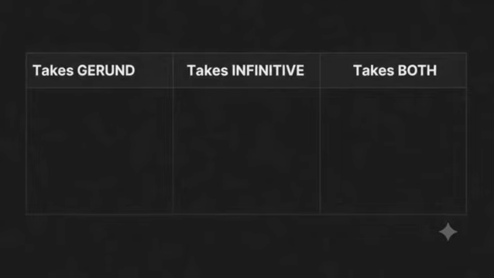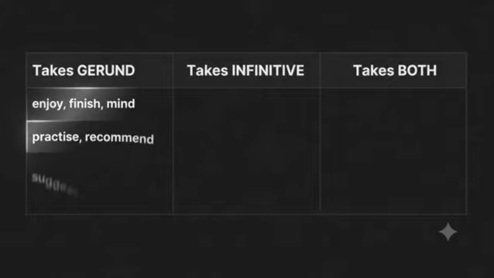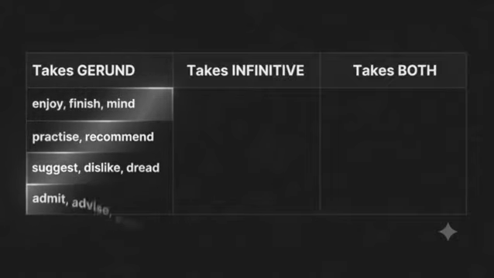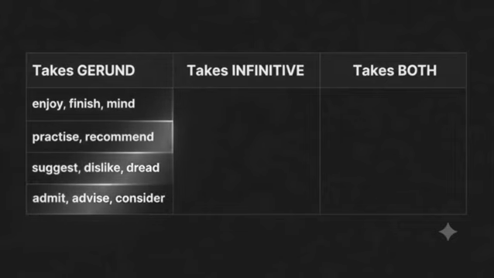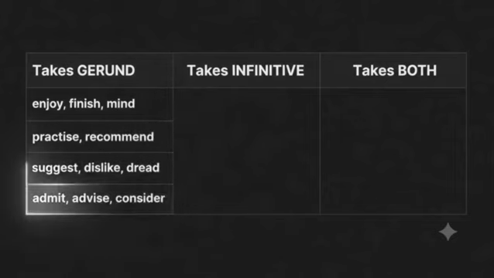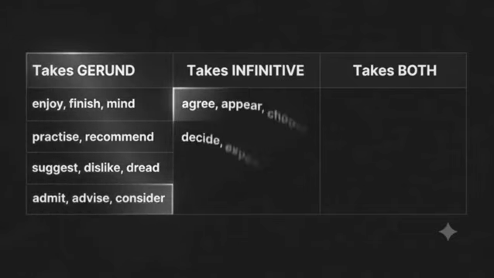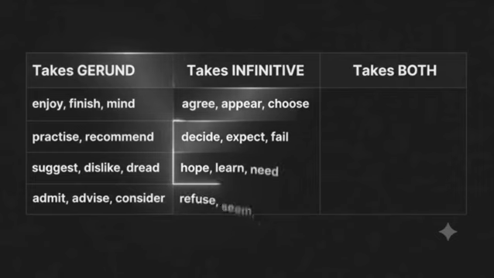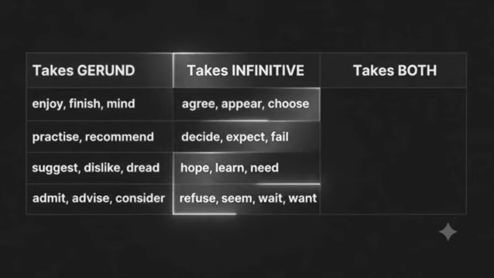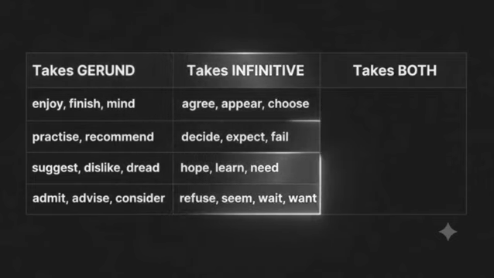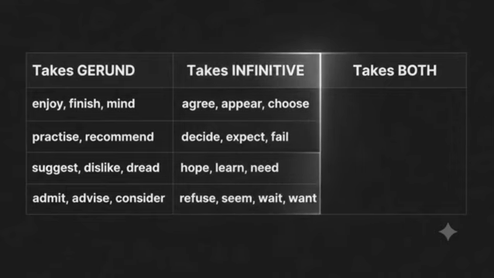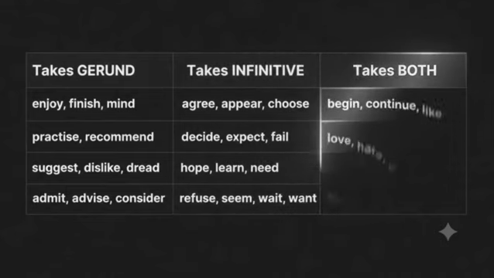Some verbs always take a gerund. For example, enjoy, finish, mind, practice, recommend, suggest, dislike, read, admit, advise, consider. Next, some verbs always take an infinitive. For example, agree, appear, choose, decide, expect, fail, hope, learn, need, refuse, seem, wait, want.